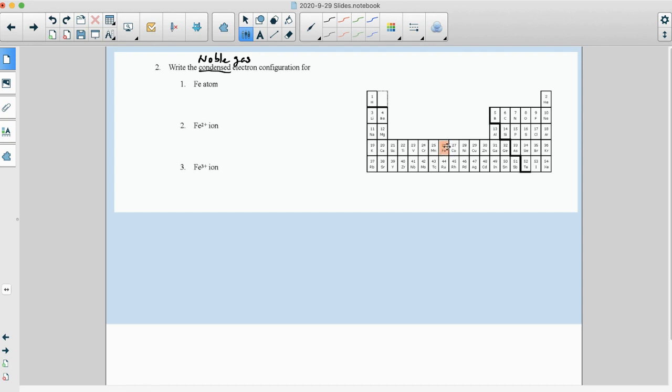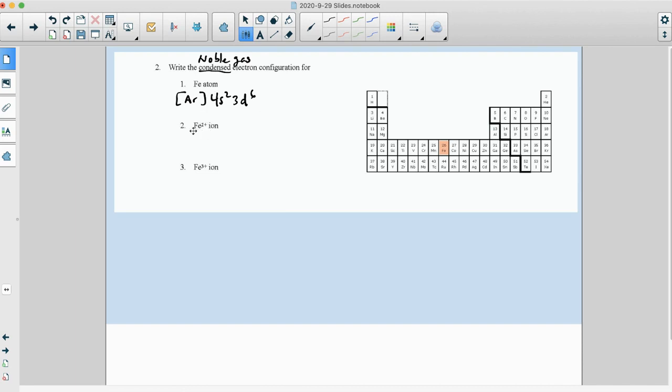So if we look at iron and go backwards in the periodic table, the first noble gas that we hit is argon. So we can write argon in brackets and then go forward from there. After argon, we go to 4s2, and then 1, 2, 3, 4, 5, 6, 3d6. So there's our condensed electron configuration for the iron atom.